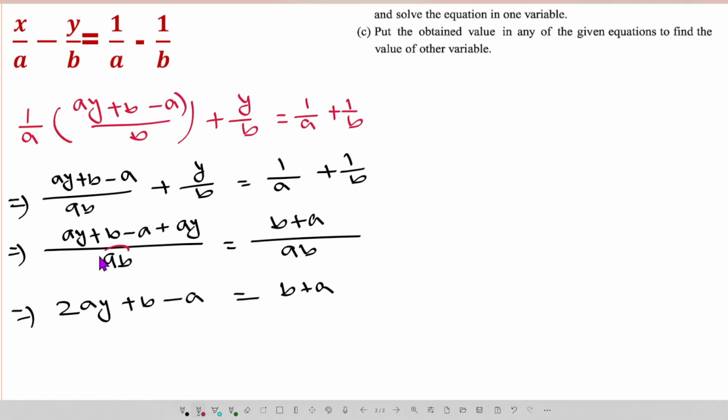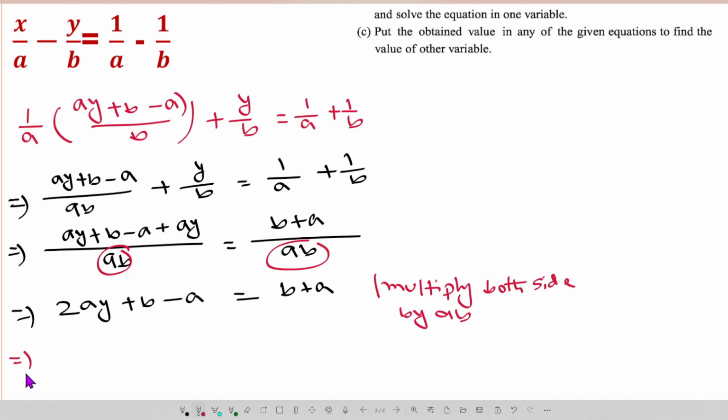So this ab and this ab cancel out because we multiplied both sides by ab. Okay, now 2ay equals b plus a, and here minus b plus a, right.